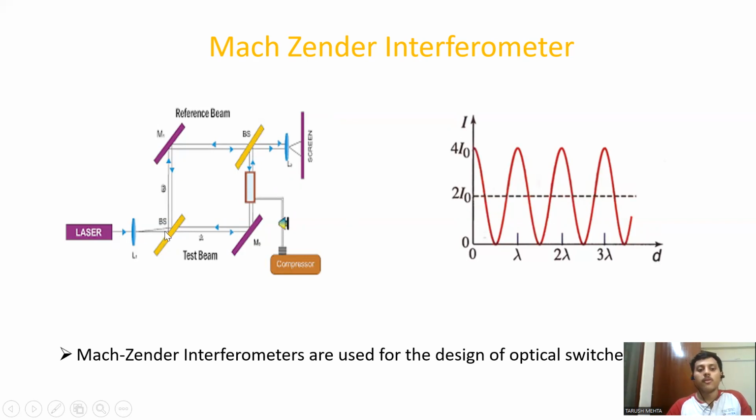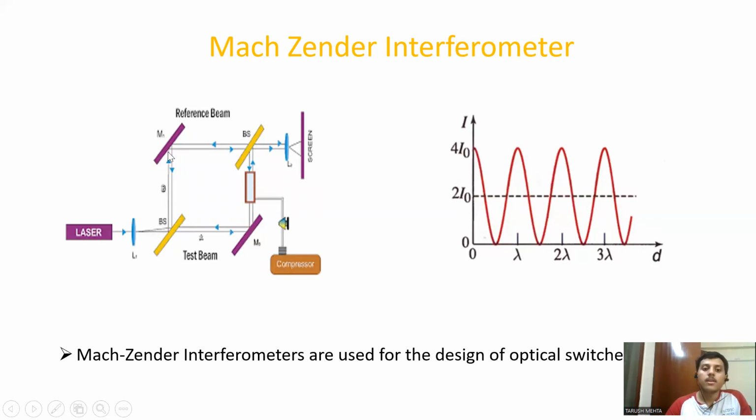The light wave that falls on the first beam splitter again gets split into two intensities, U1 and U2, and both of these are recombined at the screen through the second beam splitter.